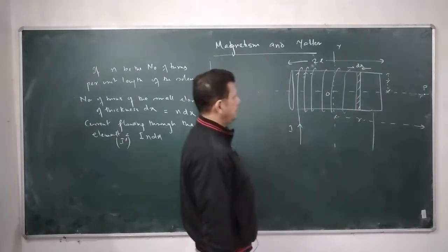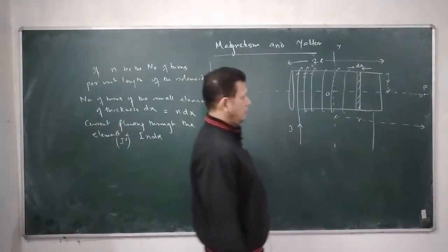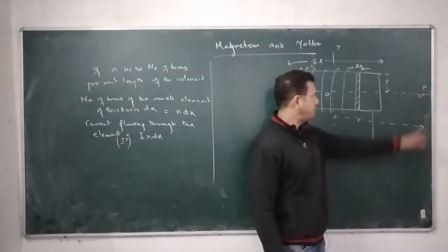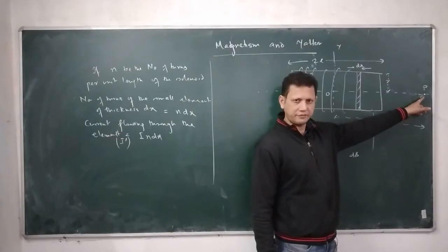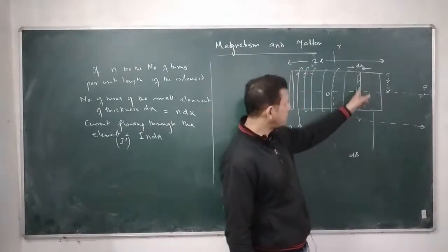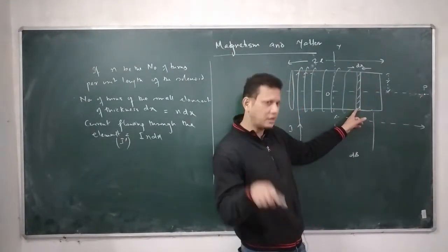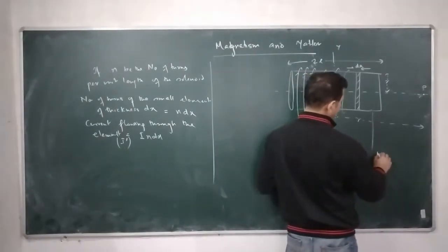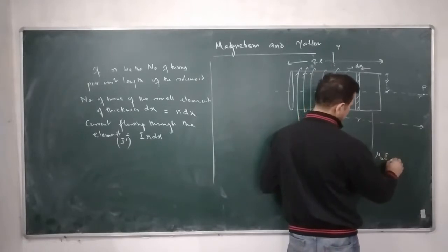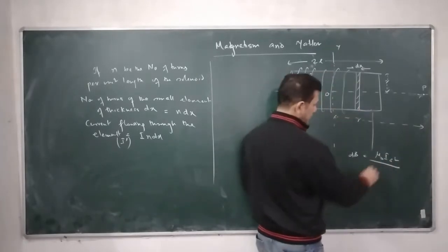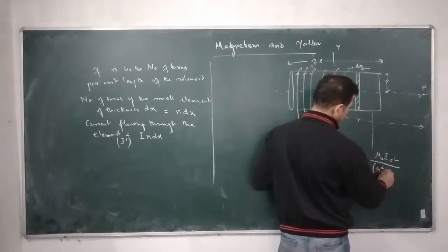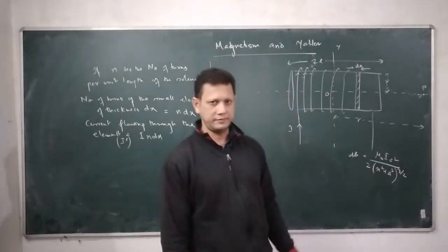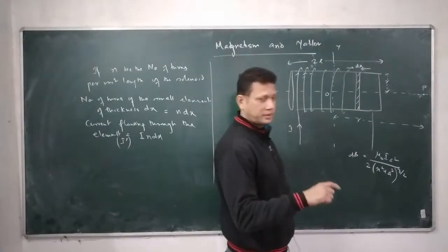So according to the formula that we have already done, if dB is the magnetic field at point P due to this small current carrying loop which is circular in form, then the formula was mu naught I a square divided by 2 times (x square plus a square) to the power 3 by 2, that we have already derived in the previous chapter.